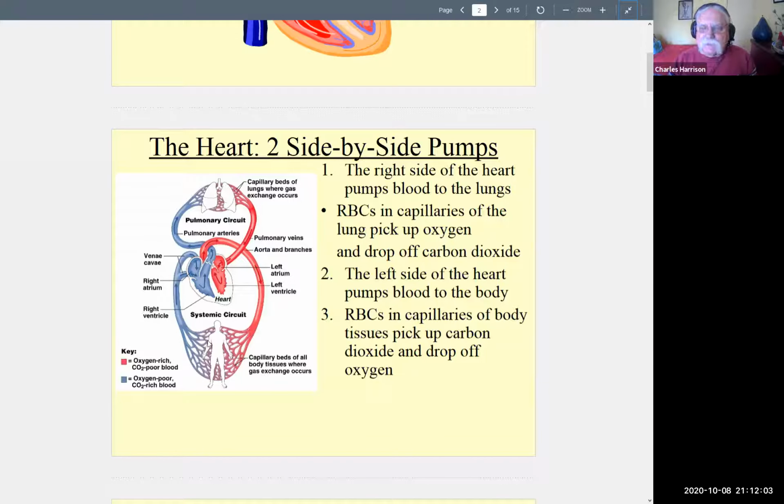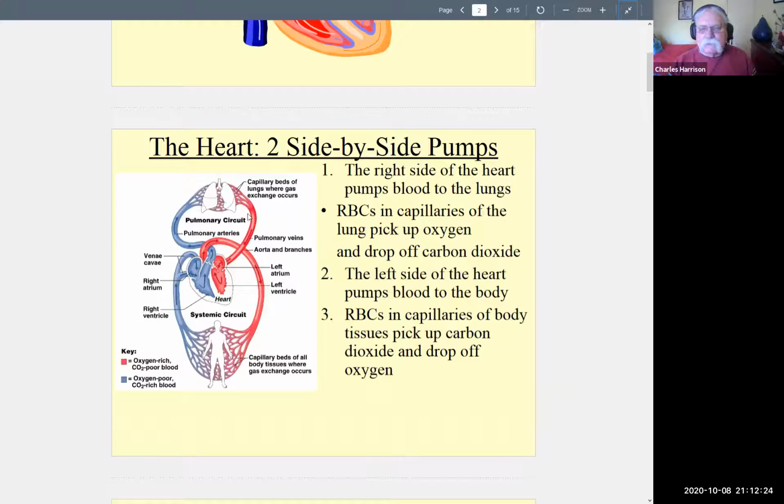Okay, the right side of the heart pumps deoxygenated blood to the lungs, where at capillaries in the lungs and in the alveolus, oxygen is taken up and carbon dioxide is dropped off.